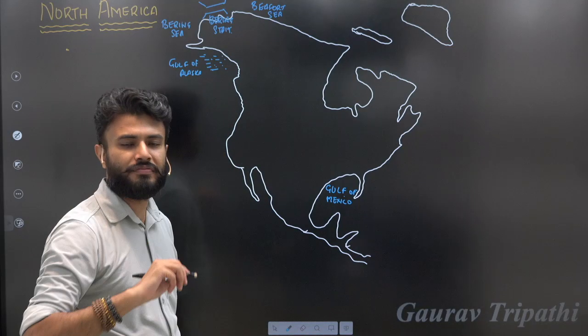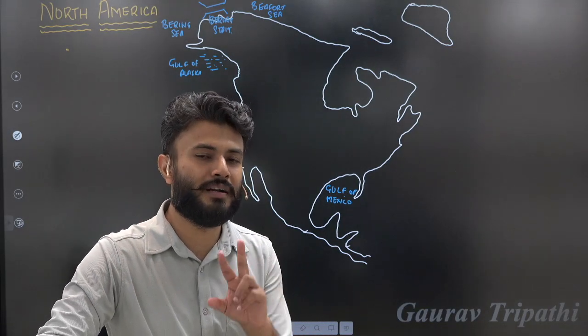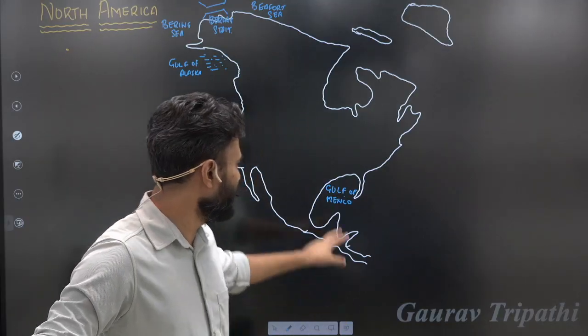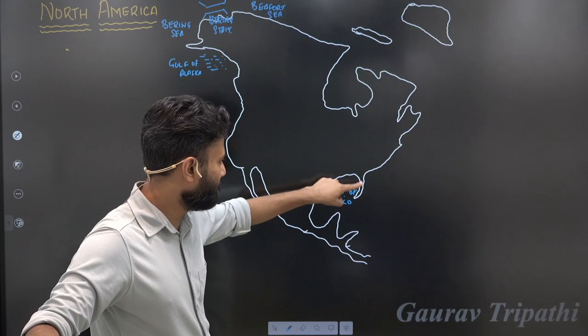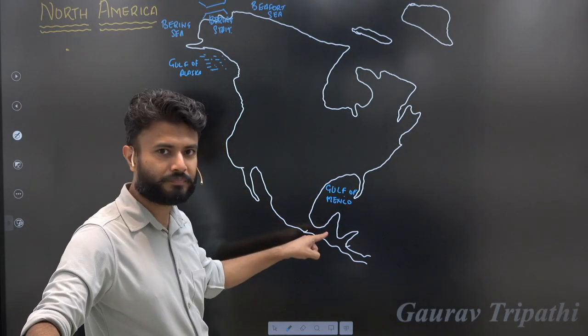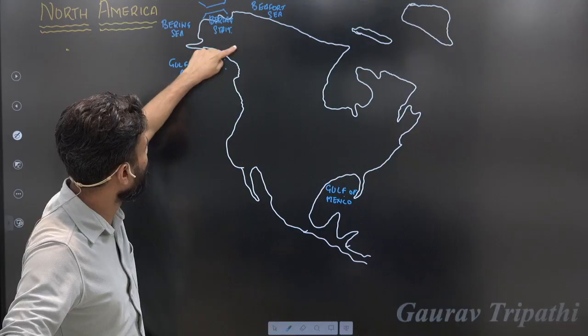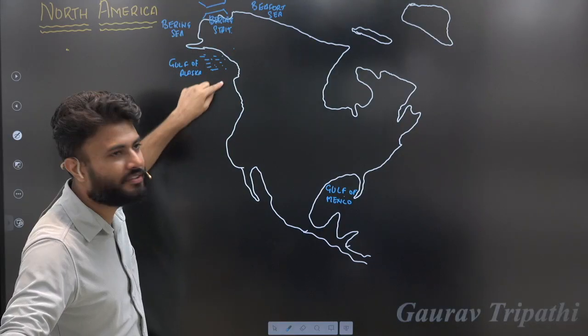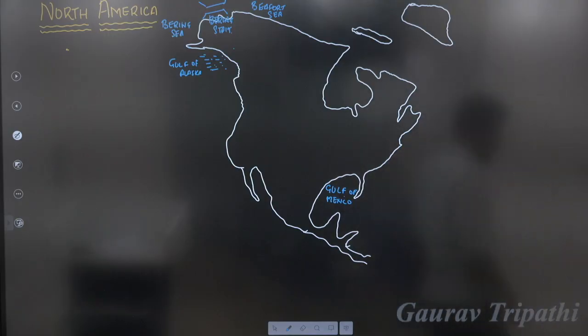A gulf is a water body which is surrounded by land from three directions. Here if you see, this is a sea which is surrounded by land from three directions, 1, 2 and 3. Similarly, here we have a curve. So three directions, 1, 2 and 3, and this portion is the Gulf. This is named as Gulf of Mexico and the Gulf of Alaska.